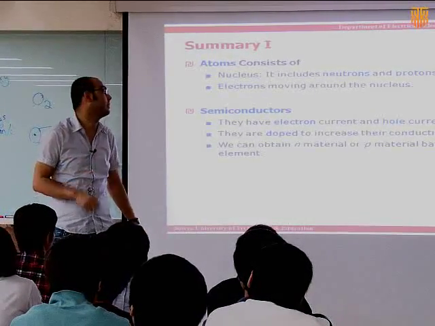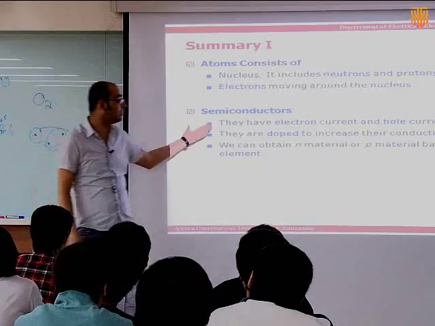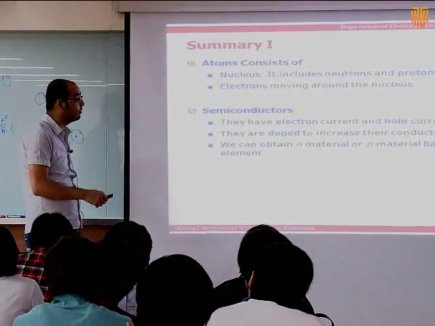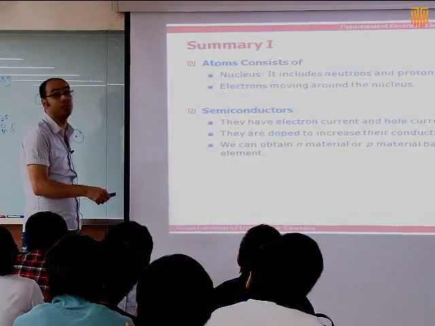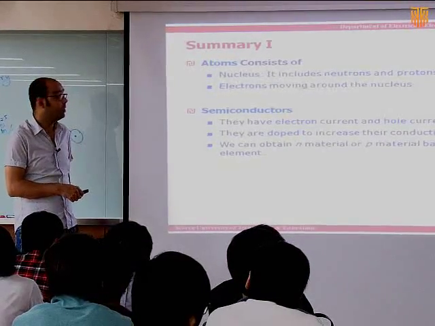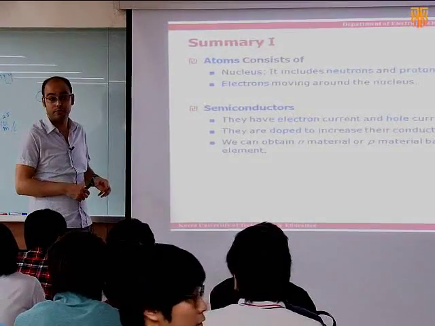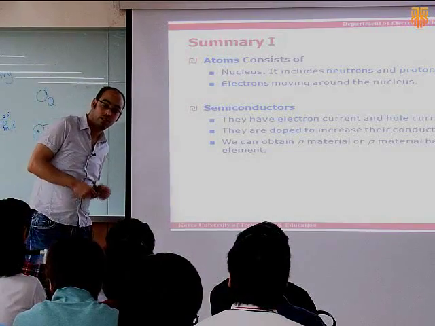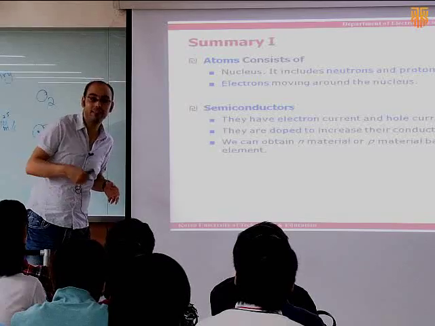And semiconductors have two kinds of current, electron current and hole current. The electron current is when we have a free electron, the hole current when we have an added hole.